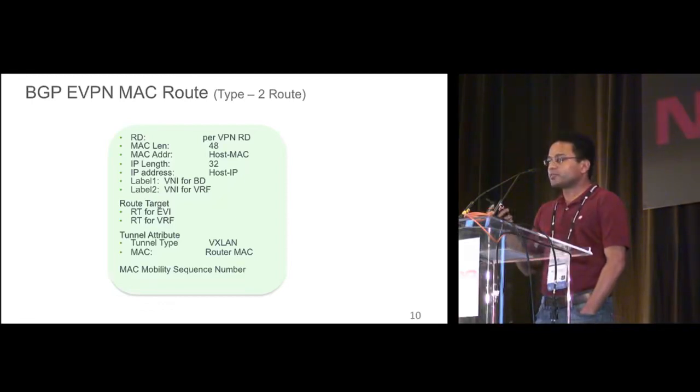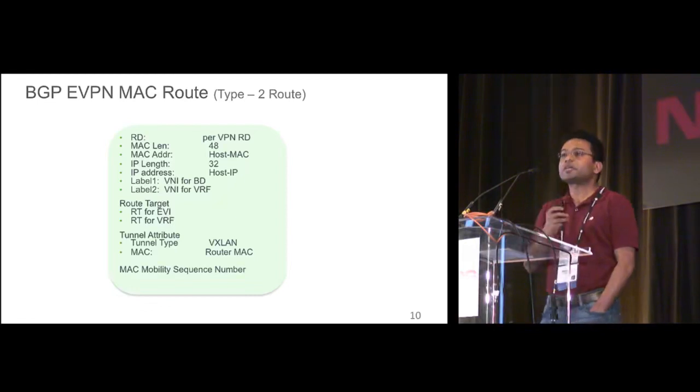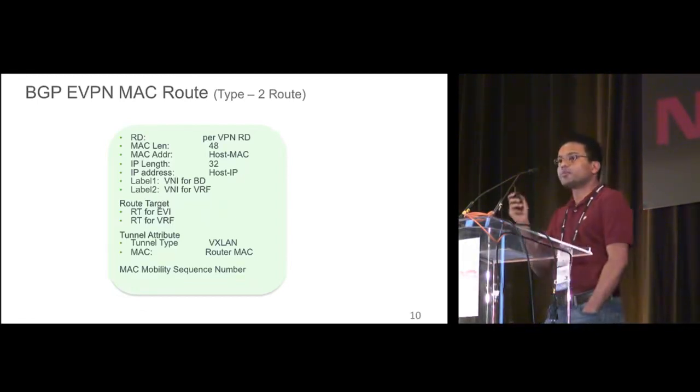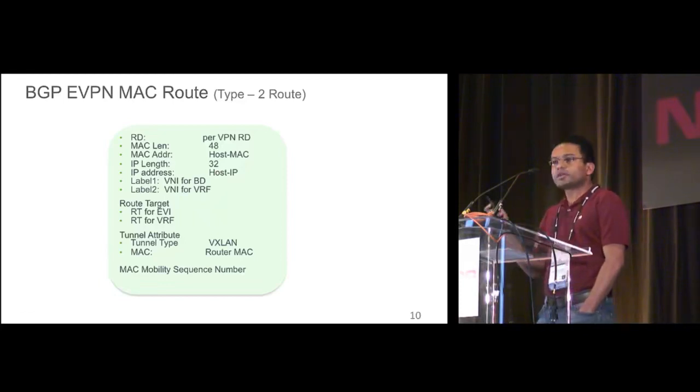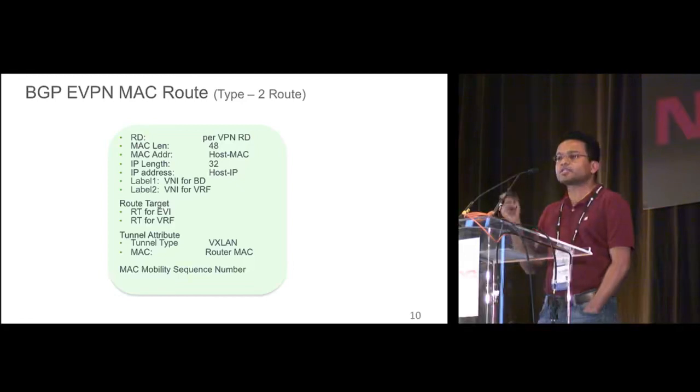And more importantly, the MAC mobility sequence number. This is very crucial in terms of VM mobility. Once a VM moves from one leaf to another remote leaf, the new leaf will send out the same NLRI with a higher sequence number.